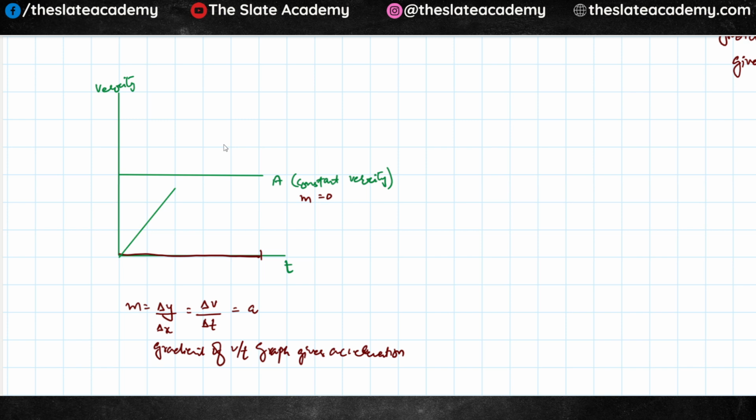So this one has constant acceleration. Why? Because it's a straight line, which means the gradient m is constant, which therefore tells me acceleration is constant, because gradient is acceleration over here. Right?